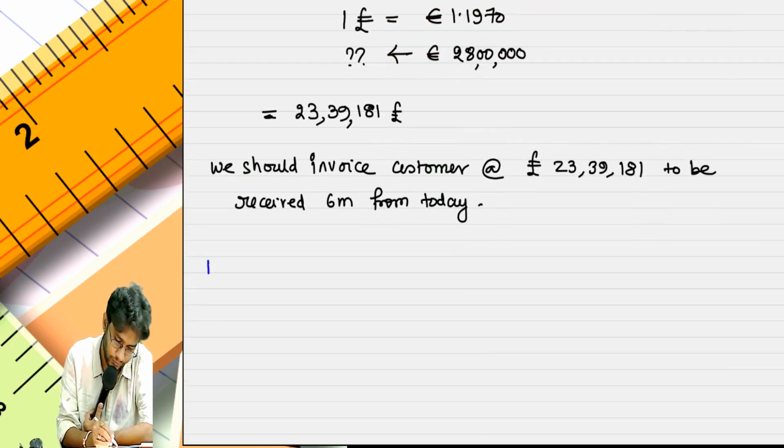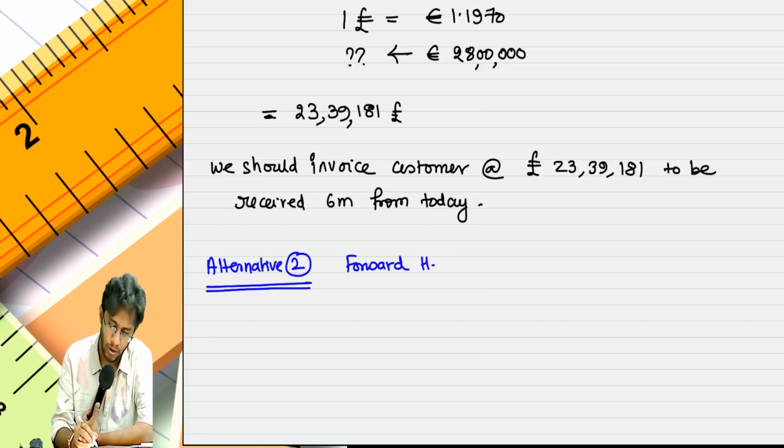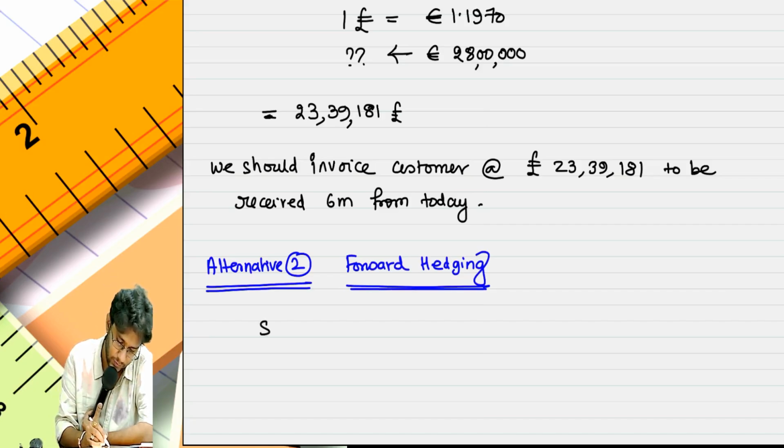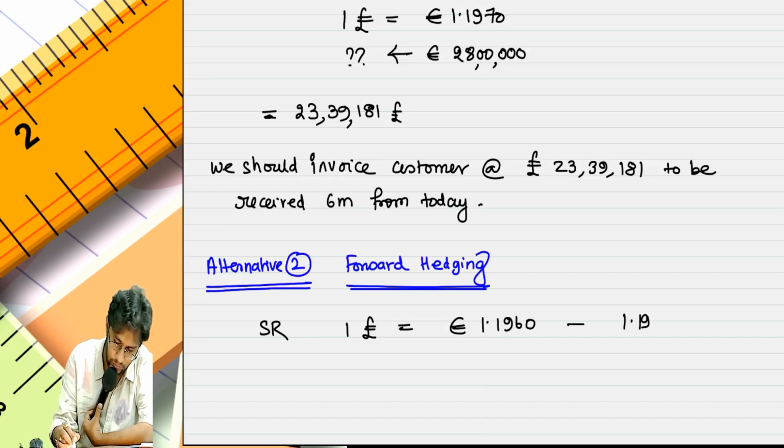Option 2. Forward hedging. Sir, if you have to do forward hedging, first you should know the forward rate. So, spot rate 1 pound is equal to euro 1.1960 and 1.1970.